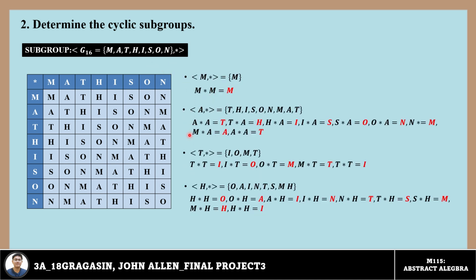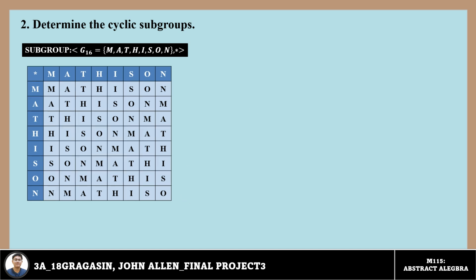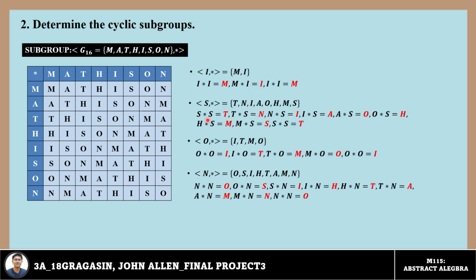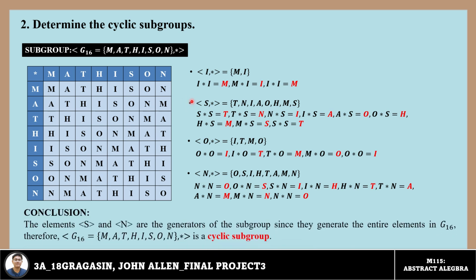As you can see here, the element A and then the element H, the same as the element S and element N, generate the entire elements in G sub 16. Therefore, 4 generators exist in the subgroup G sub 16. And then since generators exist, we can conclude that G sub 16 is a cyclic subgroup.